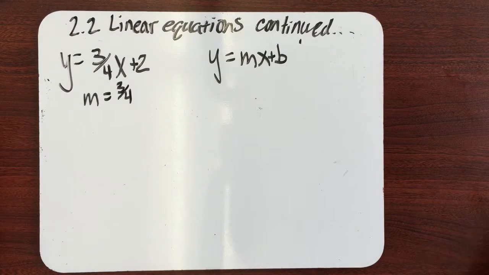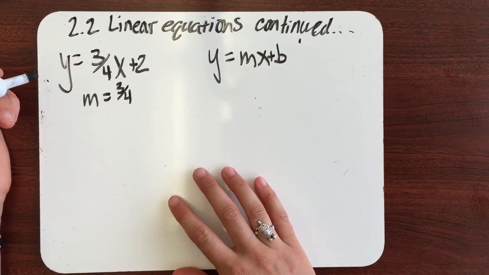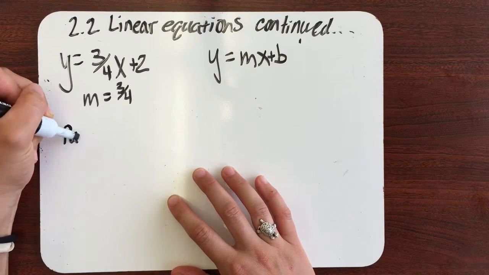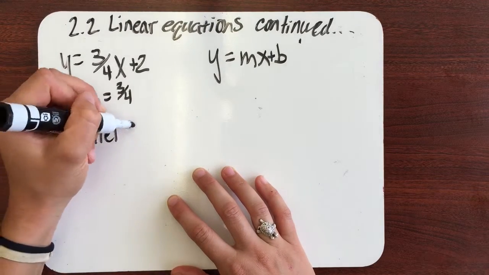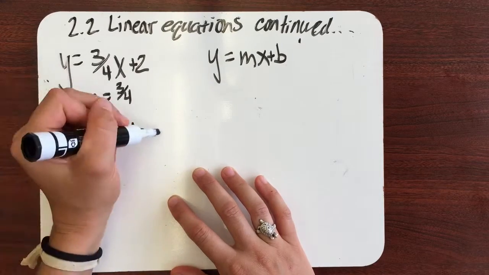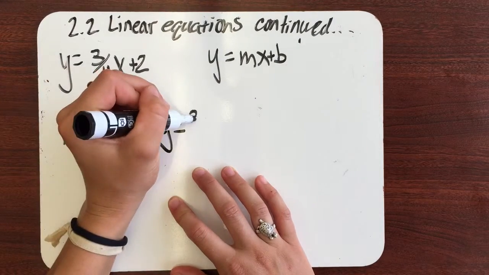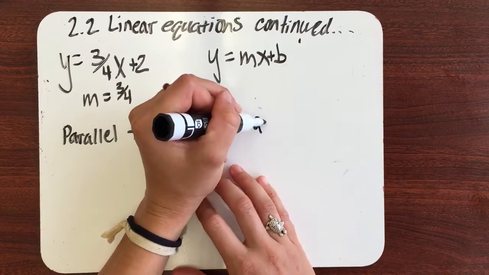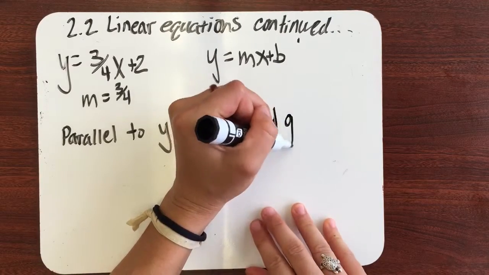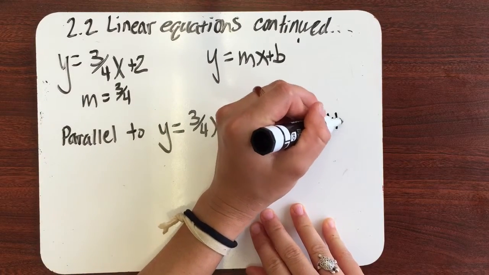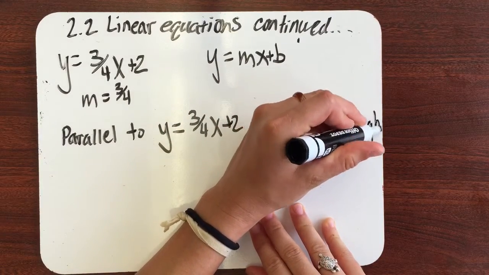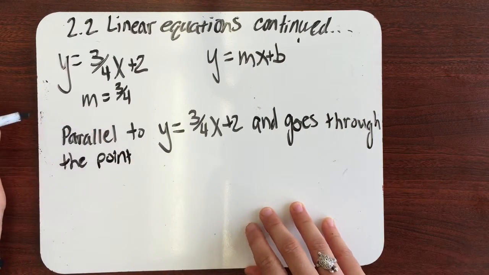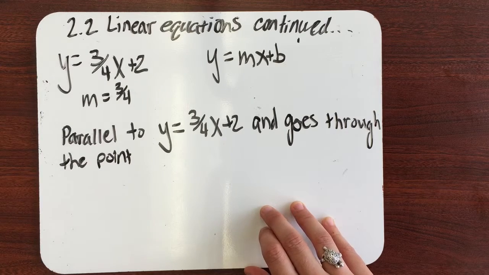So when we're looking at parallel lines, let's say that we want to find the equation that is parallel to this line, y equals 3/4 x plus 2, and goes through the point, let's say, 0,4.